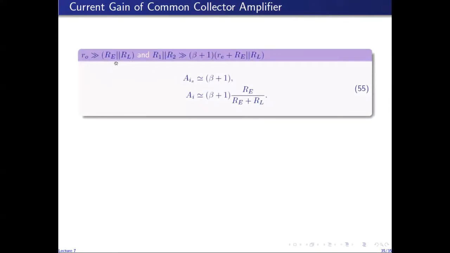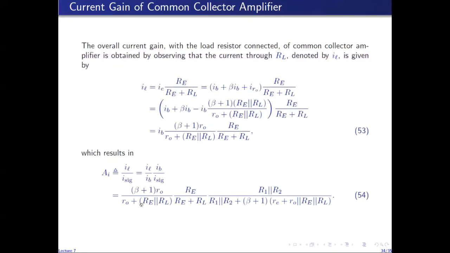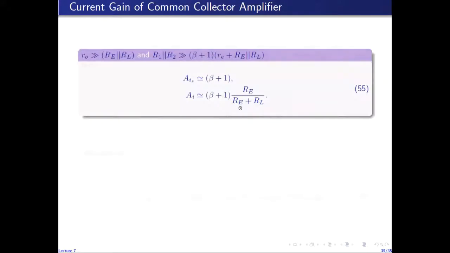On the other hand, if we make use of this assumption, then r naught being much greater than this parallel combination means that I can approximate this denominator with r naught, which cancels with r naught in the numerator. So the first term reduces to beta plus 1. The second term is left alone. It comes as it is.